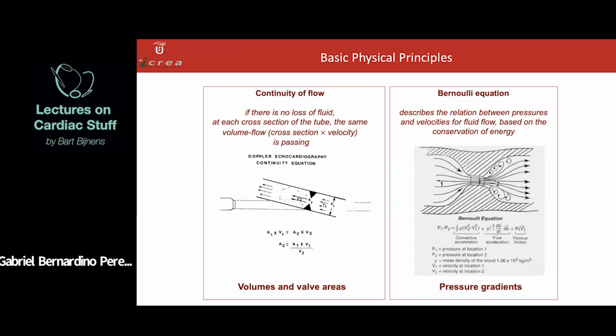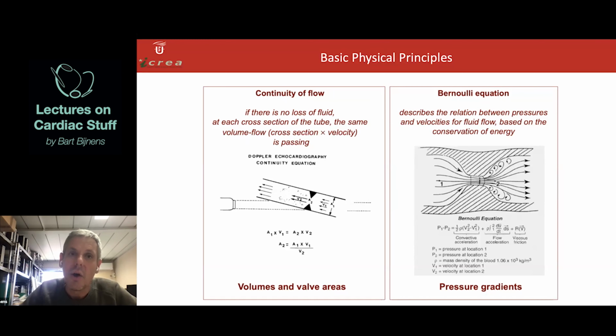That's the point. If we are doing a pulsed wave Doppler, then we are only getting the velocity in a single point. Yes and no, in the sense that we always have a sample volume, so we have it more or less over a whole area. And the other thing is, what are the flow profiles that we're looking at?